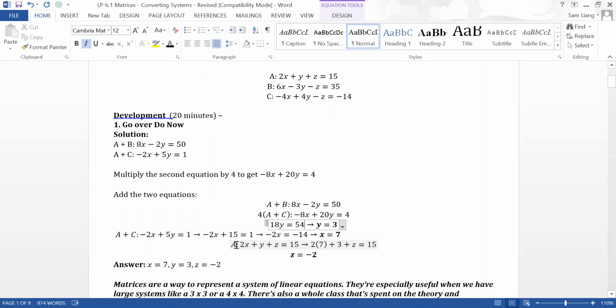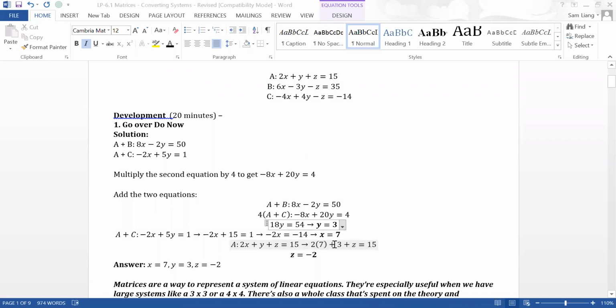And then this last equation is what we're going to use. Technically, you can use any of the three that has z to solve for the last variable. I'm going to use the equation A. So here we have 2x plus y plus z is 15. And we know that x equals 7, which we just solved for. x equals 7, y equals 3, and then you have plus z equals 15.